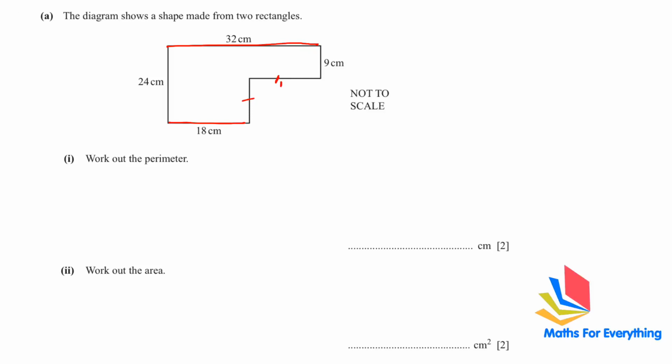So this is 14. And to find this side here, from 24, subtract 9. So the vertical lines, the big line minus the small line will give us the missing line here. So 24 minus 9 will give us 15. This is 15.